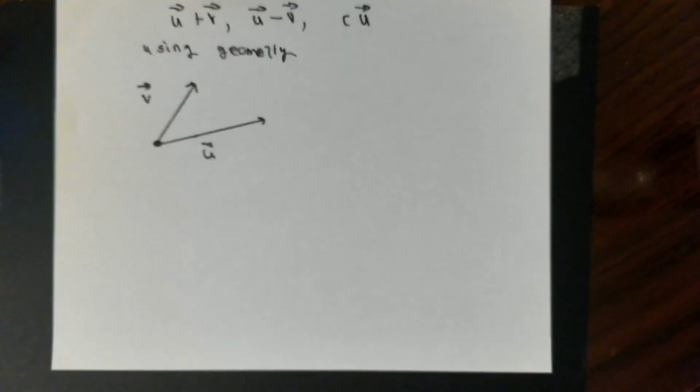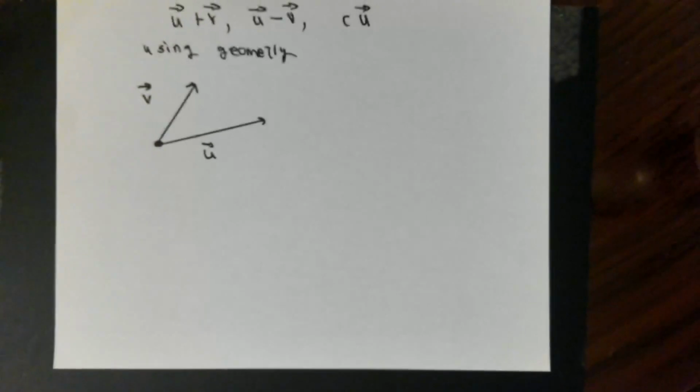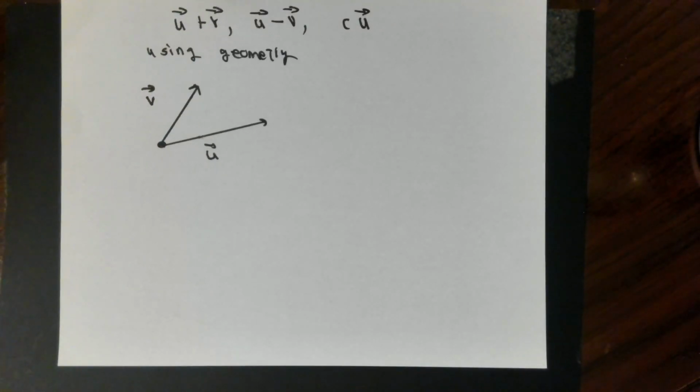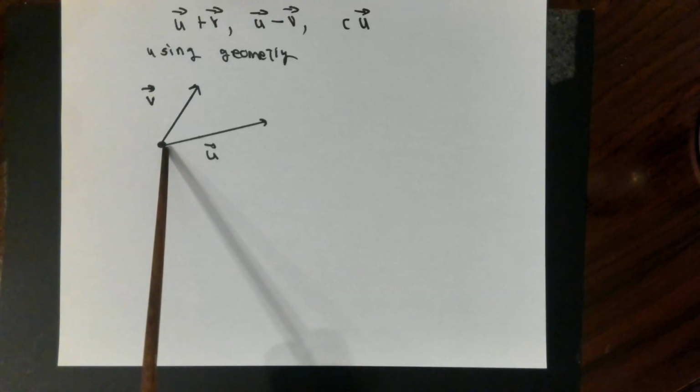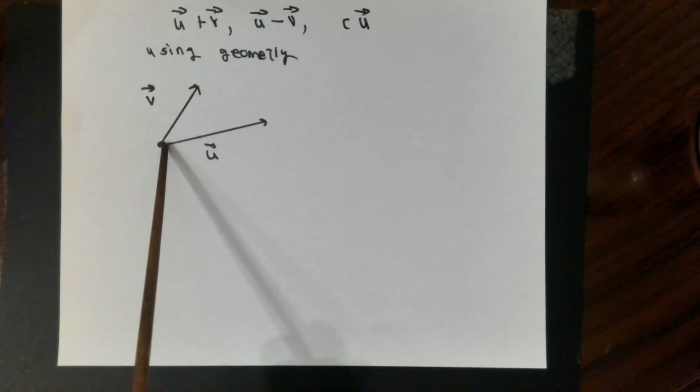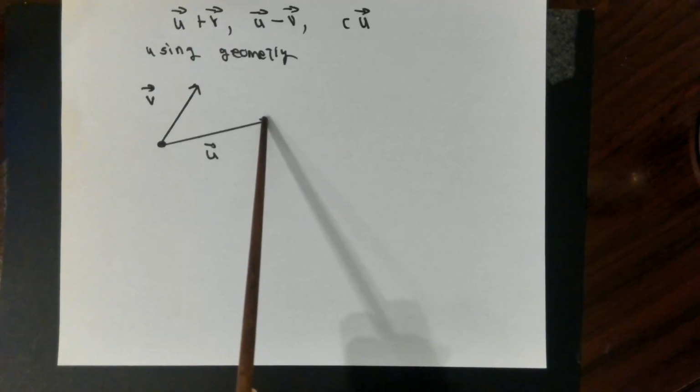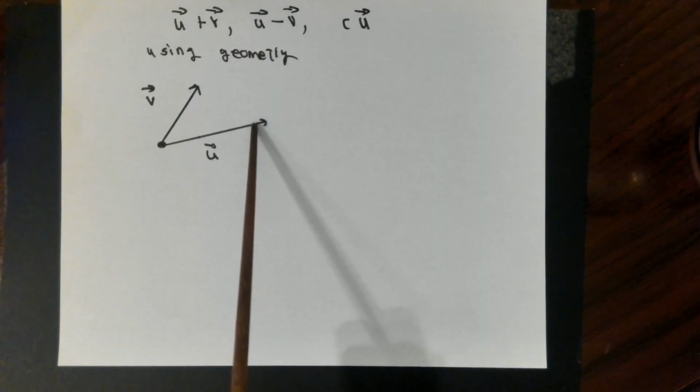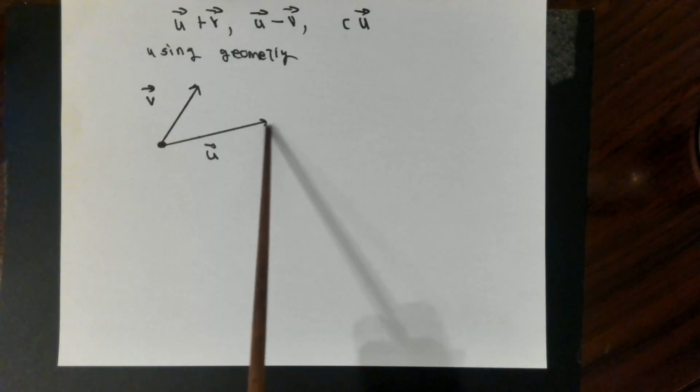Given two vectors, u and v, I can think of selecting a vector that's equivalent to u, one that's equivalent to v, that have a common starting point. Then I can think of having a copy of vector v, a vector that's equivalent to v, that has its initial point at the terminal point of u.